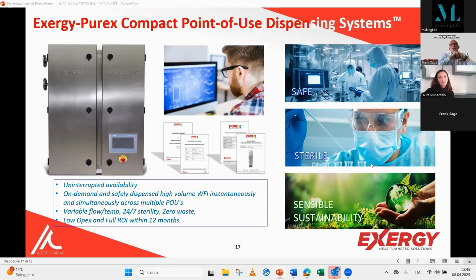Our goal for every customer is to maximize productivity while reducing their carbon footprint. And this we do increasingly, we do globally. We have global partnerships now with some of the world's leading pharmaceutical manufacturers who have adopted this philosophy as the most sensibly sustainable way to maximize their productivity within their facilities.